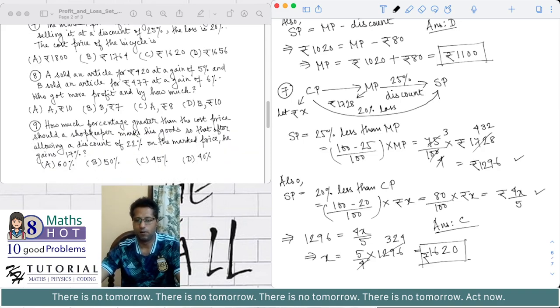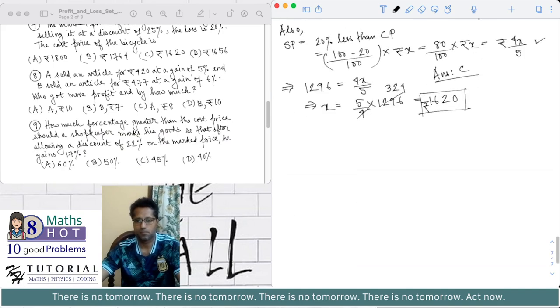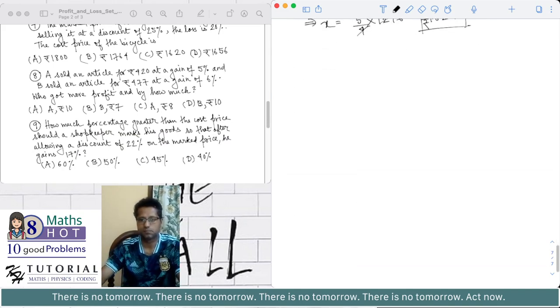Let's do problem number 8. A sold an article for rupees 420 at a gain of 5%, and B sold an article for rupees 477 at a gain of 6%.